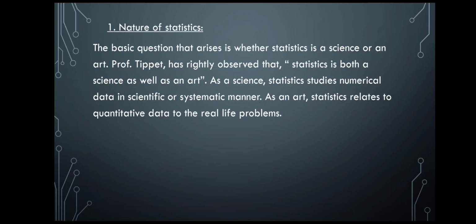The problem of unemployment in India is more meaningfully analyzed when the size of unemployment is supported with quantitative data. And that is why statistics is considered to be both science and art.